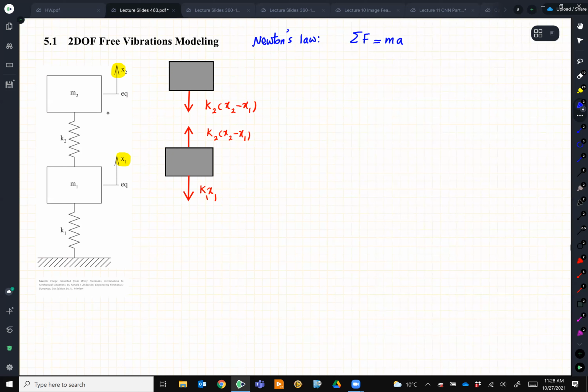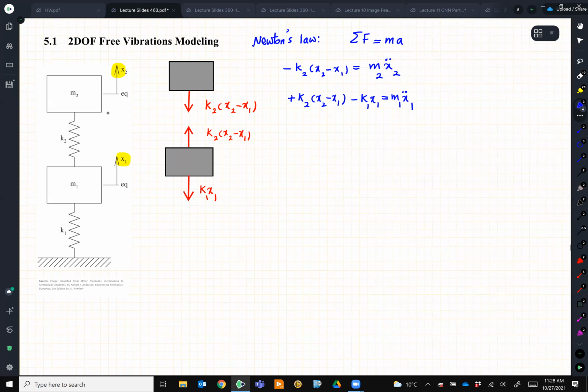Then Newton's law says the sum of the forces must be equal to m times acceleration. So I'll end up writing minus K2 (x2 minus x1) equal to m2 x double dot 2. And for the other one, I have K2 (x2 minus x1) minus K1 x1 equal to m1 x double dot 1.